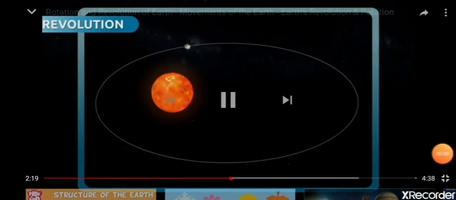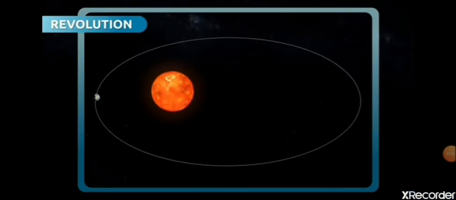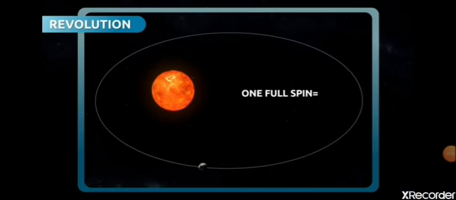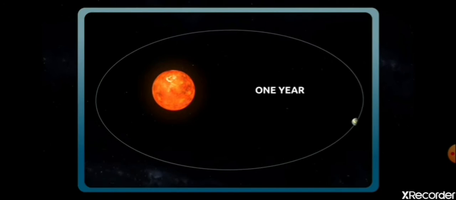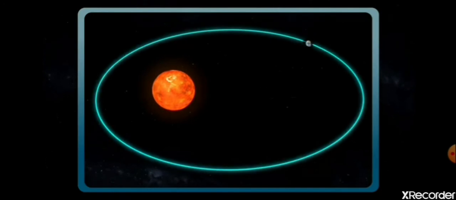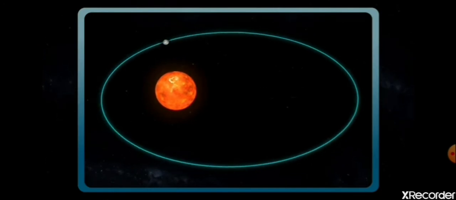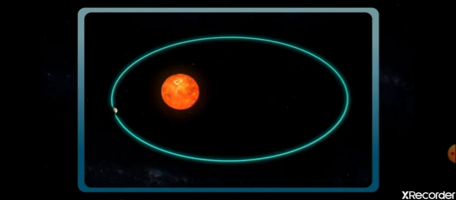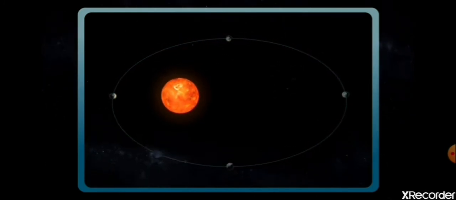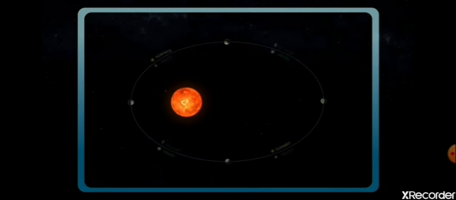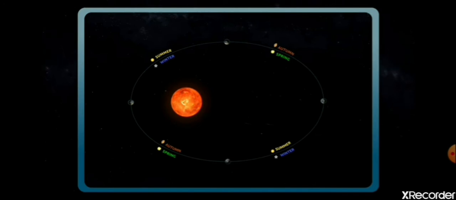The movement of the Earth around the Sun is called revolution. The Earth takes one whole year to go around the Sun. Before, people used to think that the orbit of the Earth around the Sun was circular, but they weren't right. As you can see here, the orbit is elliptical. Thanks to revolution and the inclination of the rotation axis of the Earth, we have 4 seasons: spring, summer, autumn, and winter.